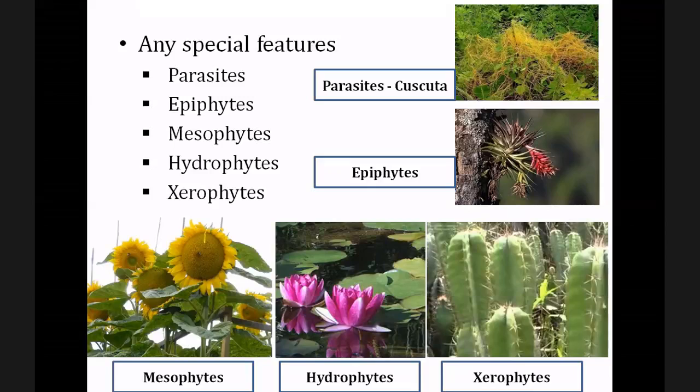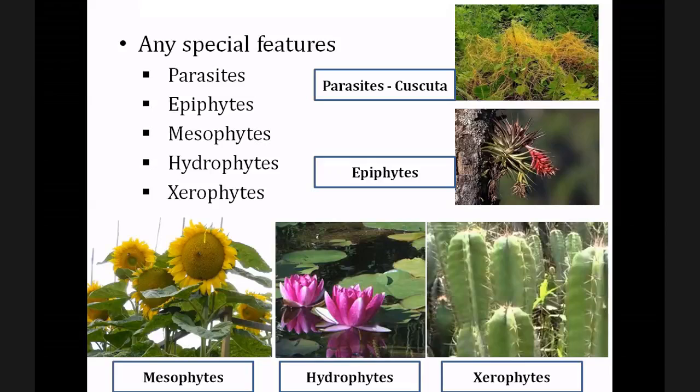They may grow on an object or plant for their support. These plants do not have an attachment to the ground. They attach to another plant and grow from that plant.